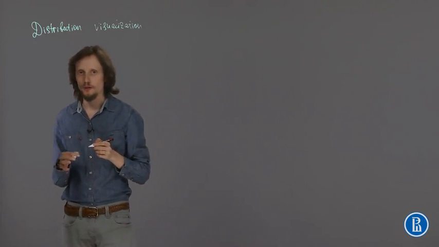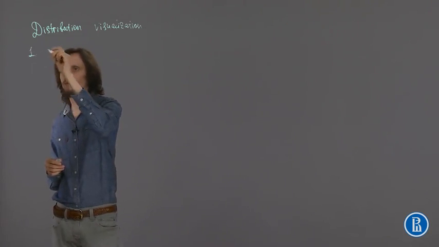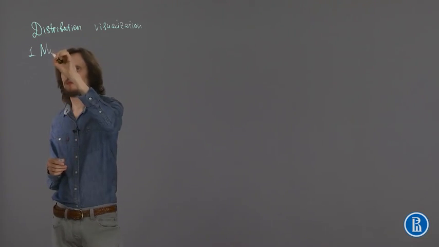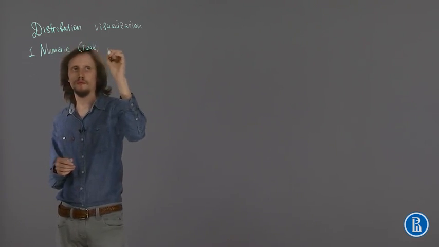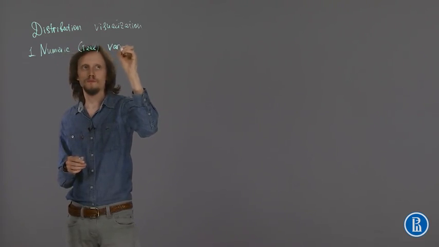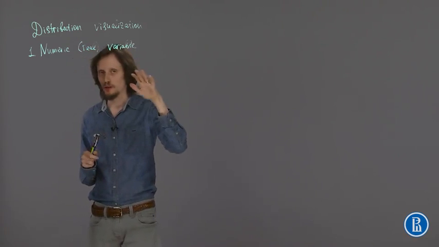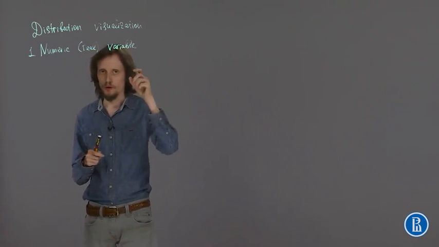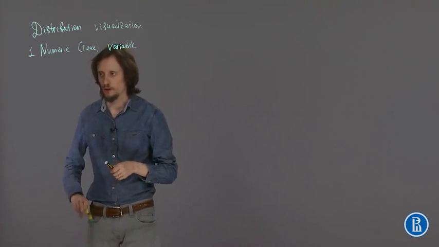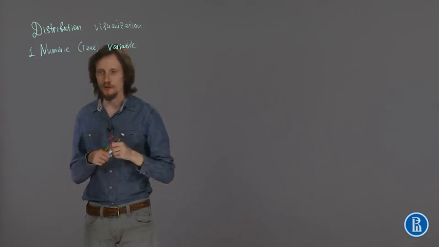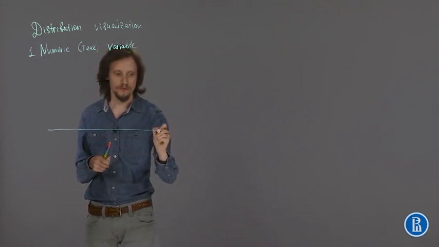We begin with a numeric, and more specifically real, variable. It means that in our data we have just a column of numbers, and these numbers can be represented as points on some axis.